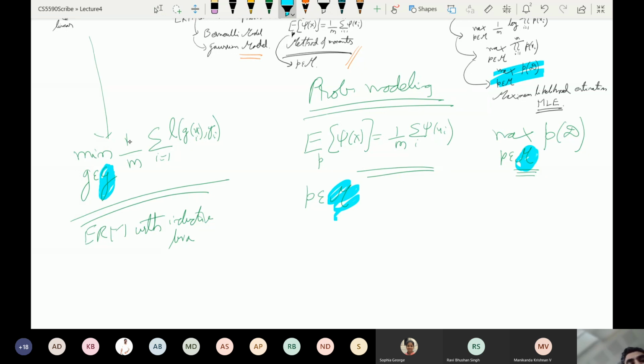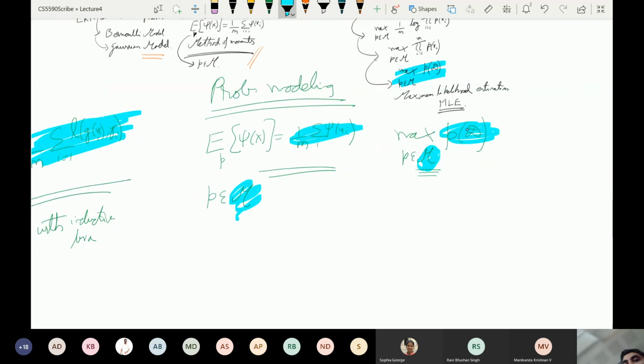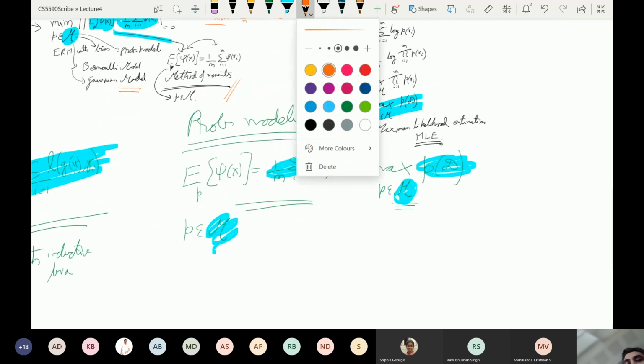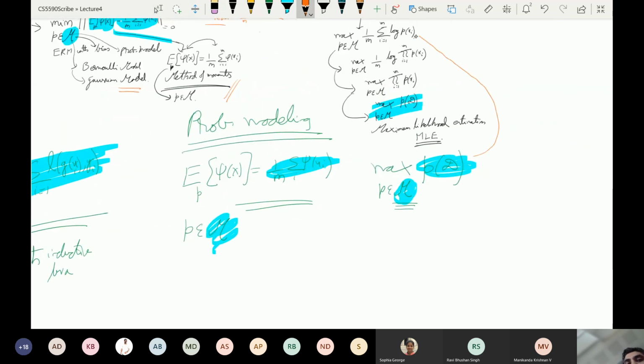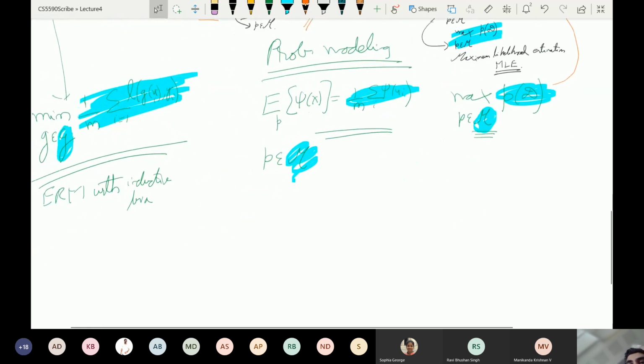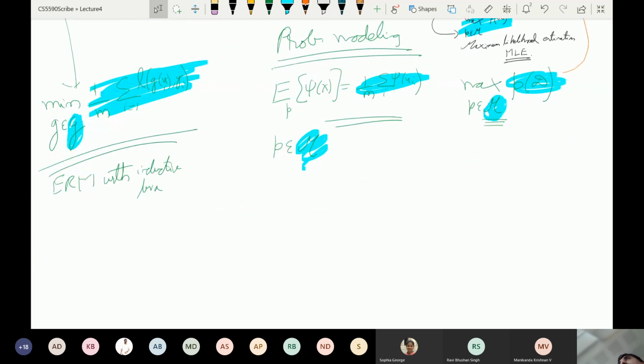Second thing to observe is all these quantities are empirical estimates. This, or in fact this, is also an empirical estimate. Why? This is in fact a version of this. So all these are empirical values. The good thing is they can be computed because they are available.